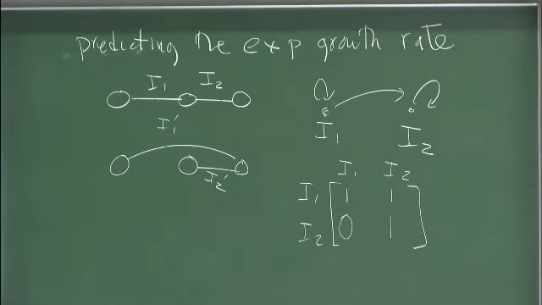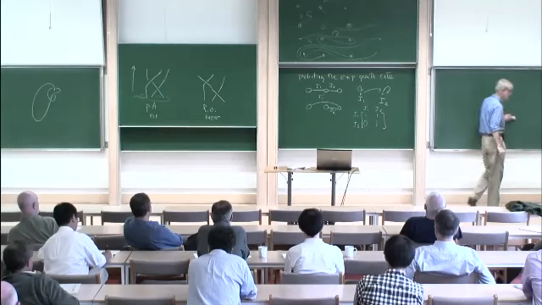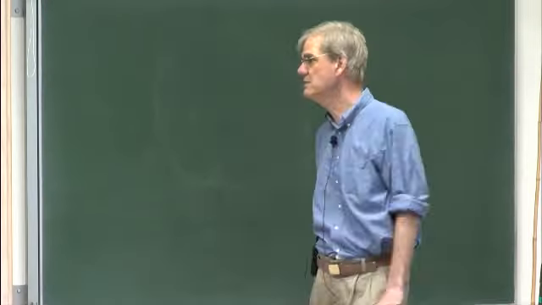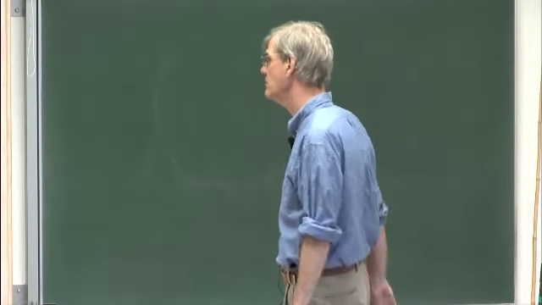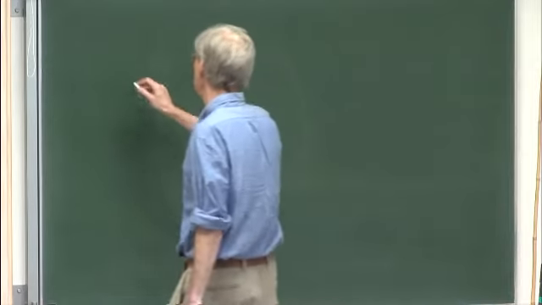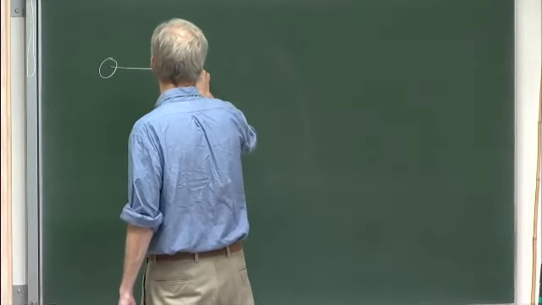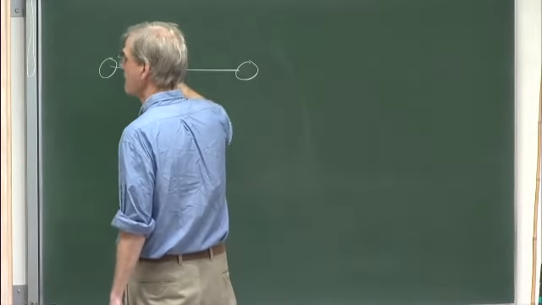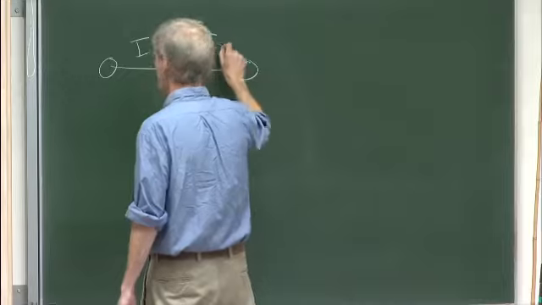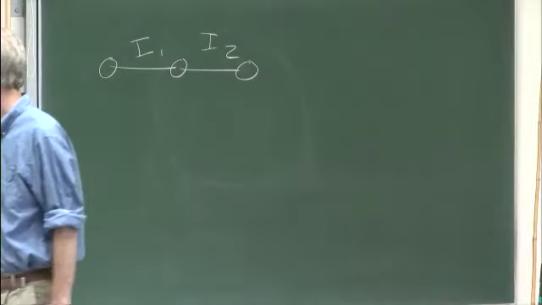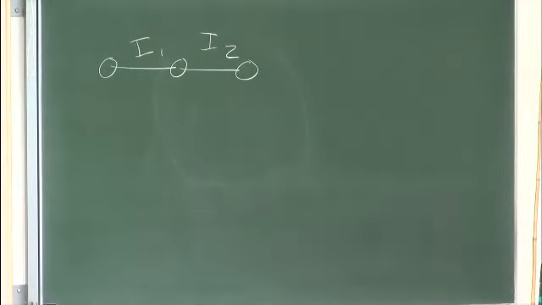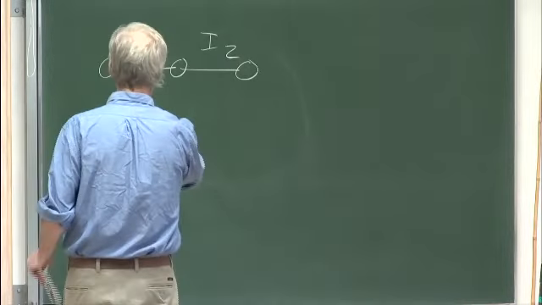All right, now I want to do the same thing with the other stirring protocol, and then compose them, which will be multiplying the matrices, and that, in fact, will give me my growth rate. So now let's do the other one. We rotate in the other direction. So we go in this direction.